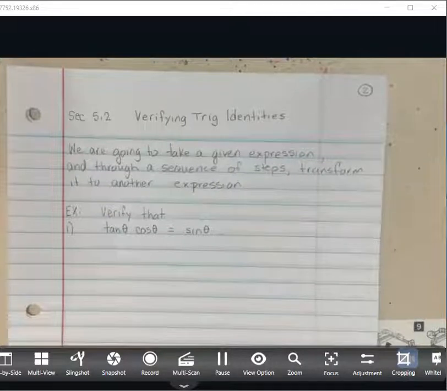The way we're going to do it is pick the side of this equality that has the most stuff going on. In my example, it's on the left. Then use some of the fundamental identities and whatever algebra skills I have and see if I can reduce it to simply a sine of an angle theta. So you work with just one side, do some steps, see if you can get the other side.